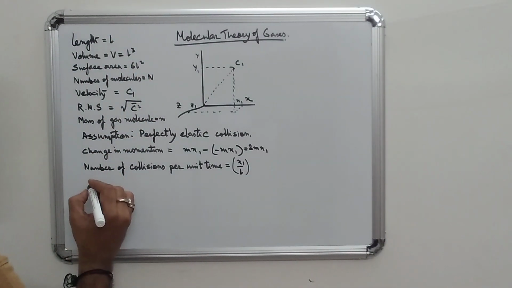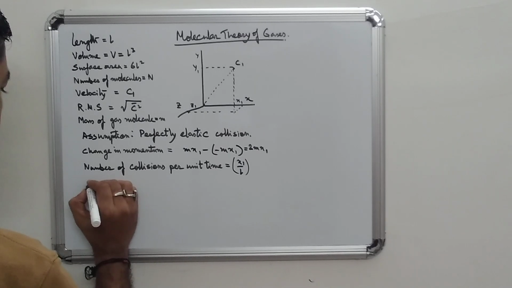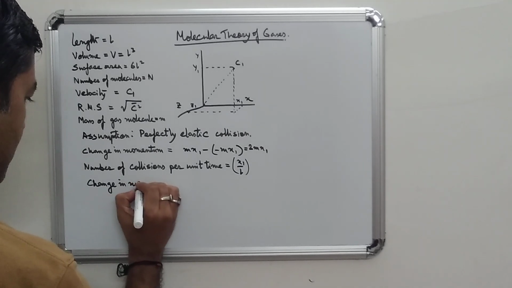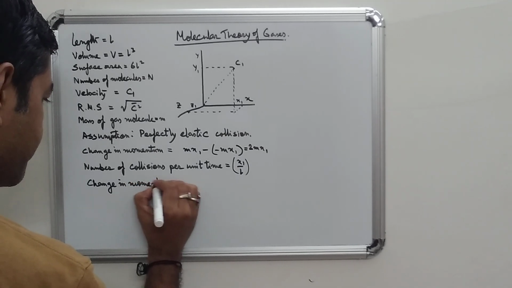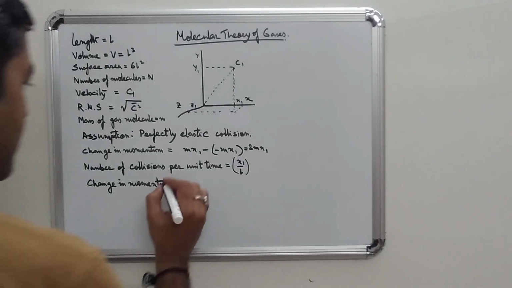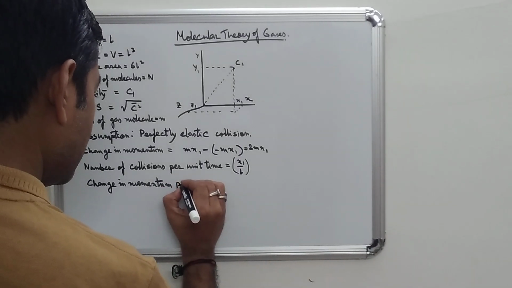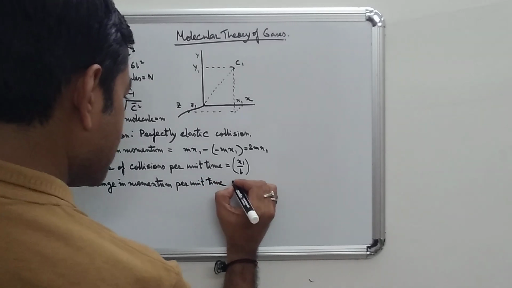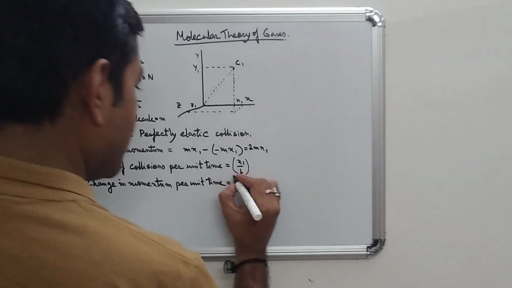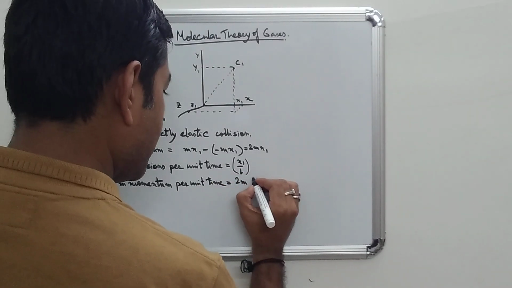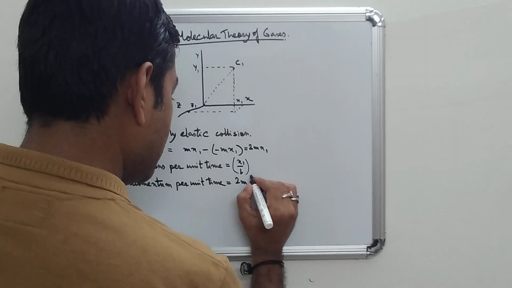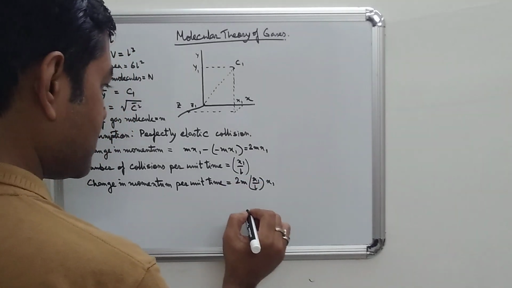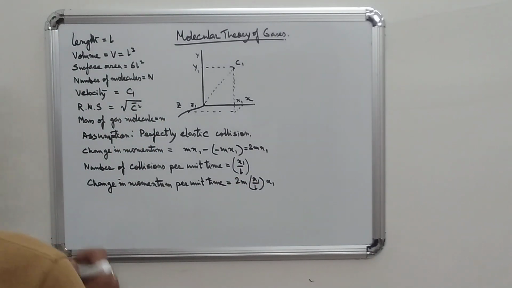Thus, the total change in momentum per unit time will be 2m x1 by L multiplied by x1. Similarly for z1 and for y1.